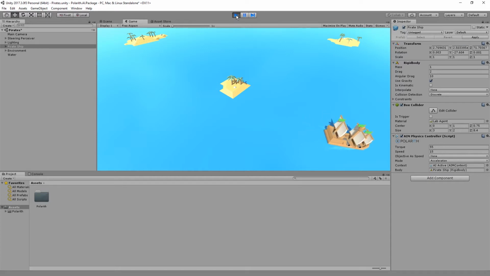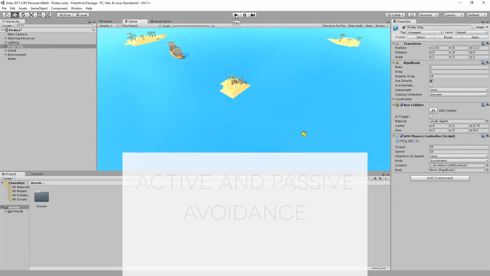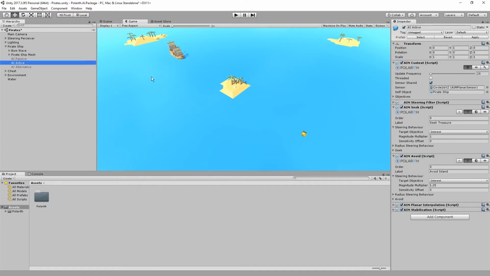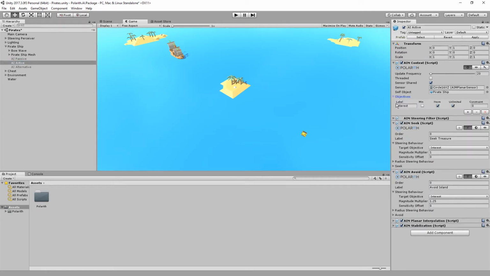Usually we talk about two common ways of avoidance: the active avoidance and the passive avoidance. The difference is simple. As you can see, active avoidance only needs one objective to work. We just have a seek behavior to find the chest and an avoid behavior with a slightly higher magnitude multiplier.